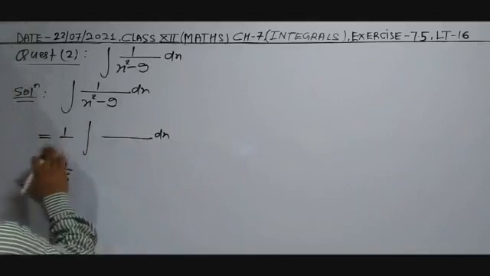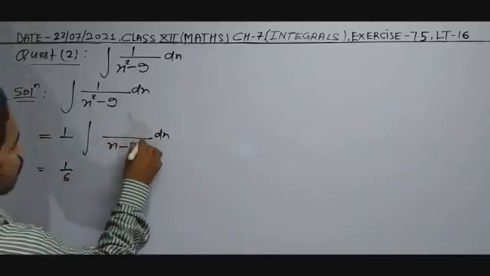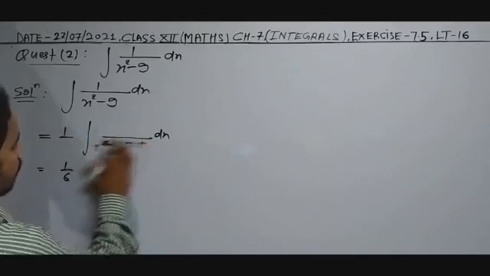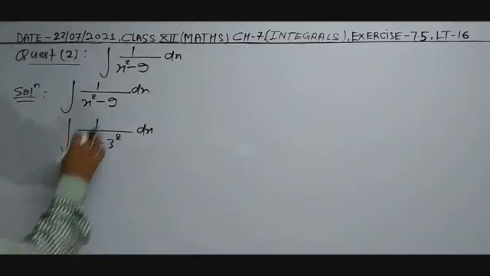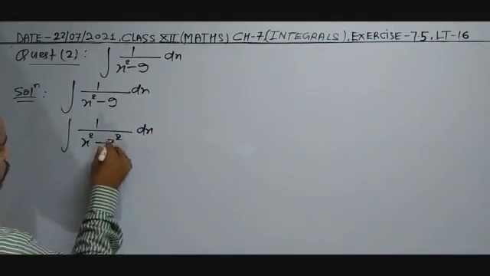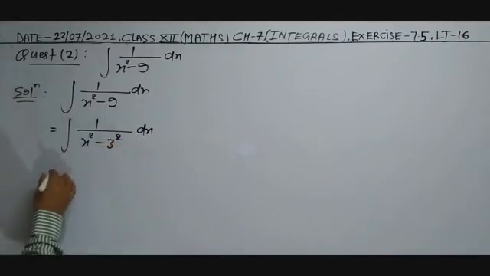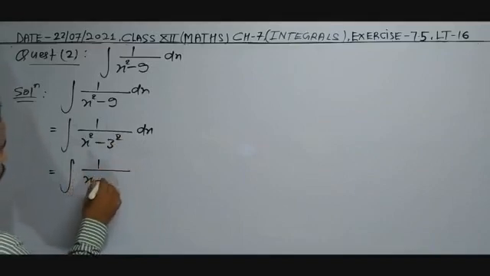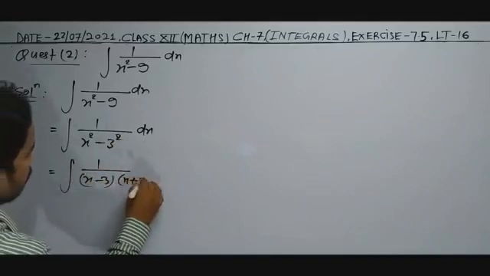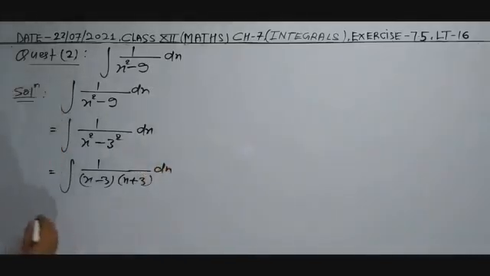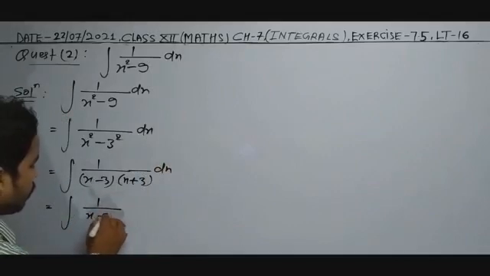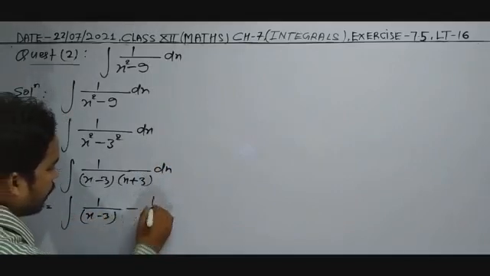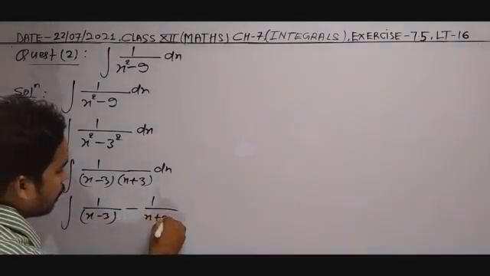Suppose 1 upon x square minus 3 square. Now this expression you can write as 1 upon (x minus 3)(x plus 3) dx. Now in these steps we can write integration of 1 upon x minus 3 minus 1 upon x plus 3.